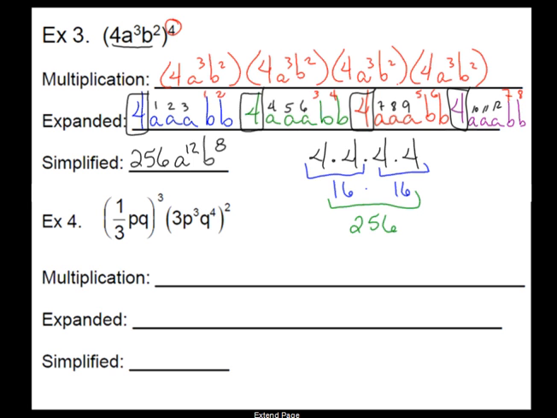Example 4, we have two different ones we have to go through and start expanding out. So we're going to start with the first one right here. So I'm going to do 1 over 3 pq, 1 over 3 pq. Then I'm going to expand the second one here.